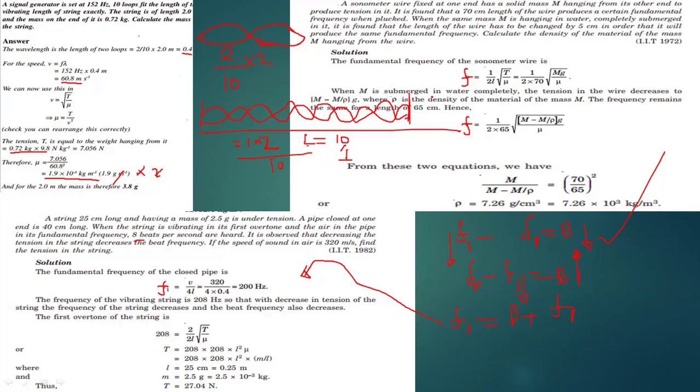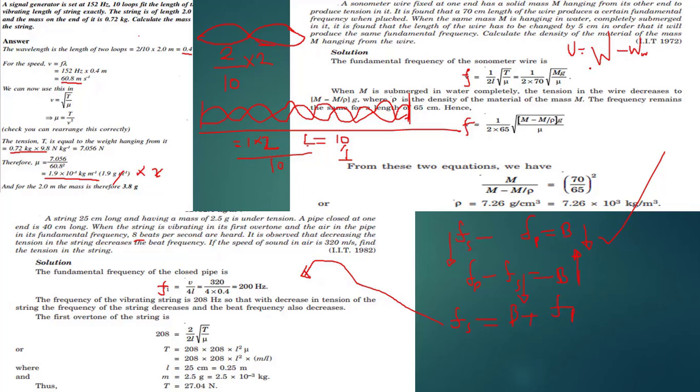When it is submerged in water completely, the tension in the wire decreases to m minus the concept hapa. You have to recall your knowledge ya Archimedes principle, your knowledge ya upthrust. So we know that upthrust ni sawa na weight in air minus weight in water.